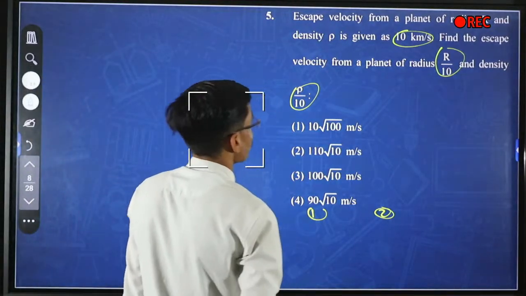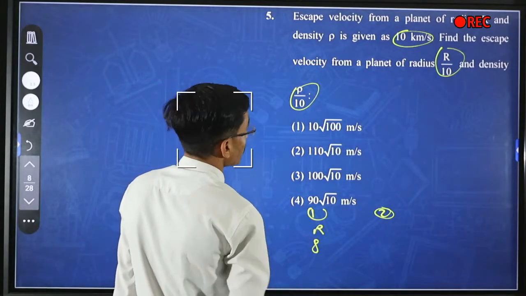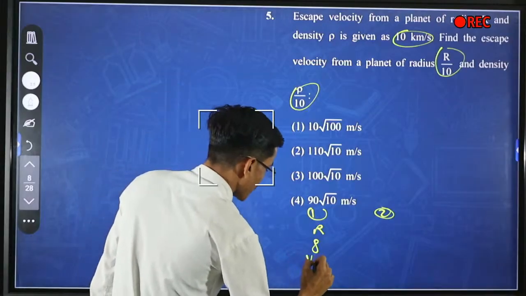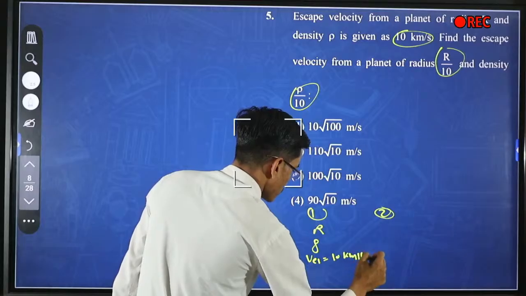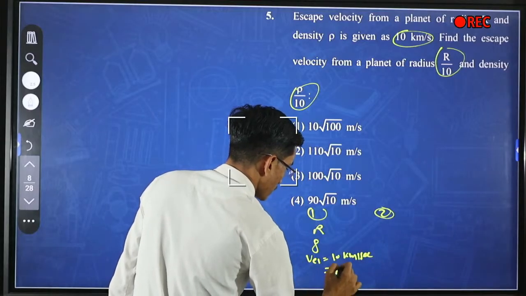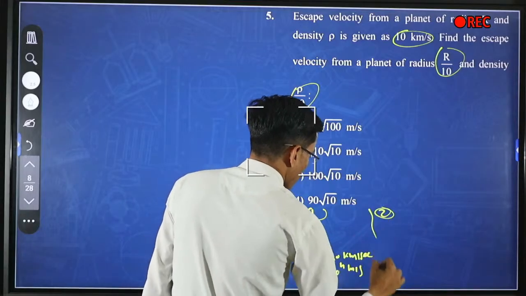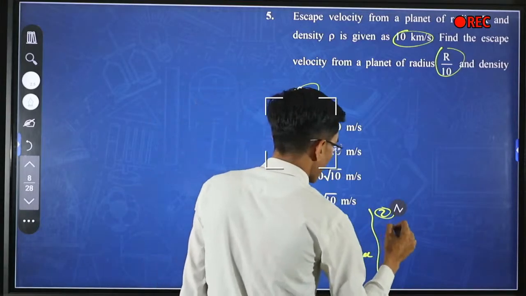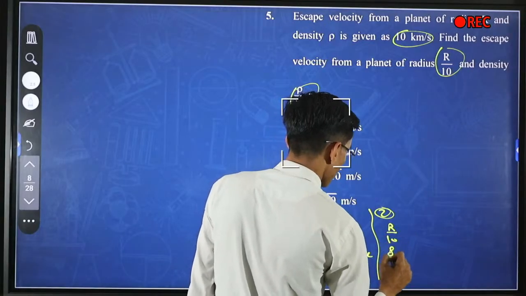So for planet 1, the radius is r and let us say the density is rho. The escape speed VE1 is 10 km per second, so let us say 10 into 10 raised to 3, so 10 raised to 4 meter per second. For the second planet, the radius is r by 10 and the density is rho by 10.